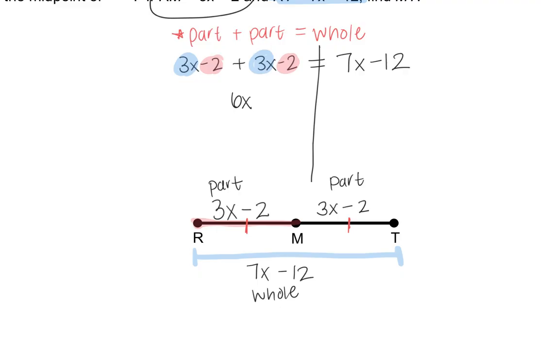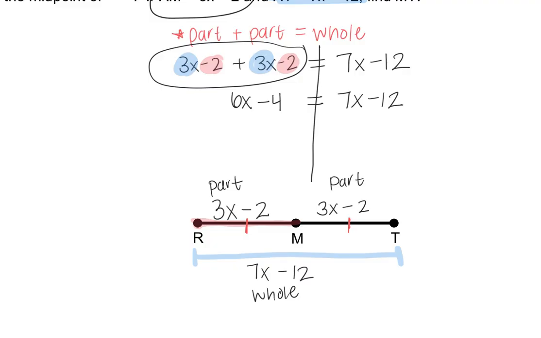If you do negative 2 minus 2, you'll get negative 4. And I'm going to bring down everything else. So instead of having this whole left side with multiple x's, I combined like terms on the left side. I didn't have to do that for the right side because I had something that I could work with already. But the left side looked a little weird, with a lot of x's and a lot of numbers in there. I combined as much as I could. So I got 6x minus 4.